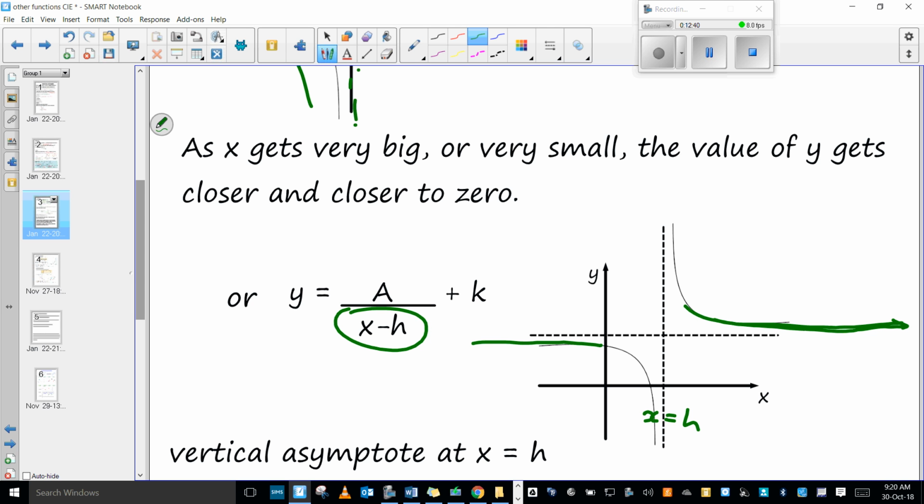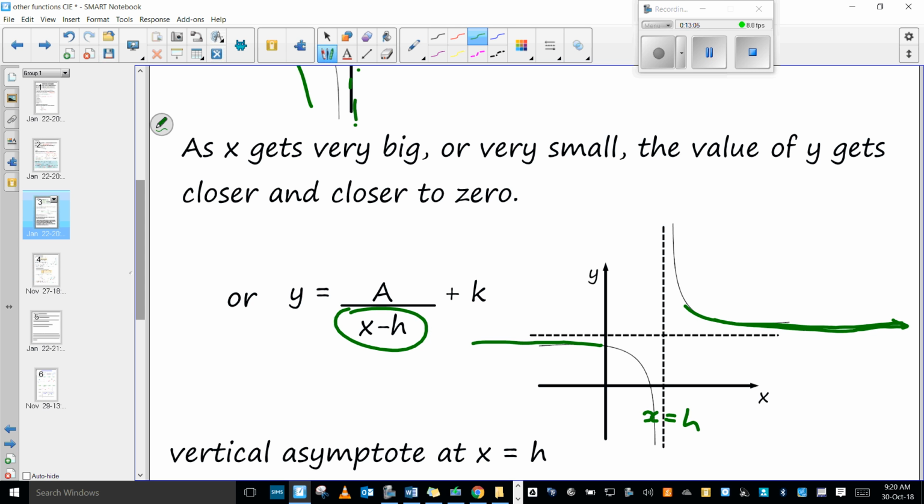The best thing to do to find the horizontal asymptote is to input a value of x that's a really big number. So wherever you see an x in your equation, you would put a big number, okay? 1 million, 10 million, doesn't really matter. You would stick that into your equation and calculate it and see what answer you get.